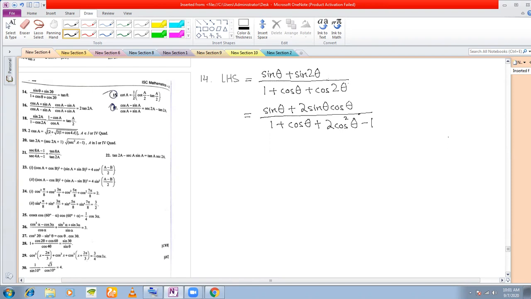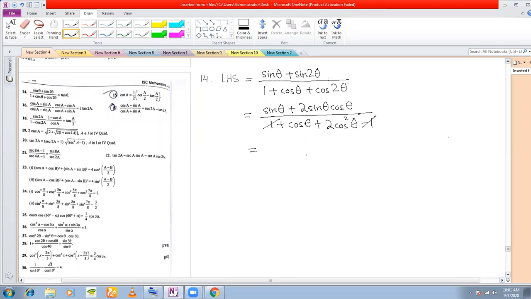Okay, why are we using this form? We are using this form for a purpose. You will see after this step for what purpose. See that here plus 1 and minus 1 actually cancel. This is one of the reasons we are using this form.